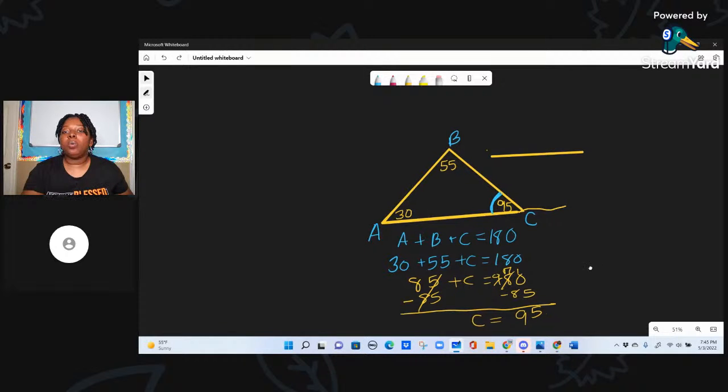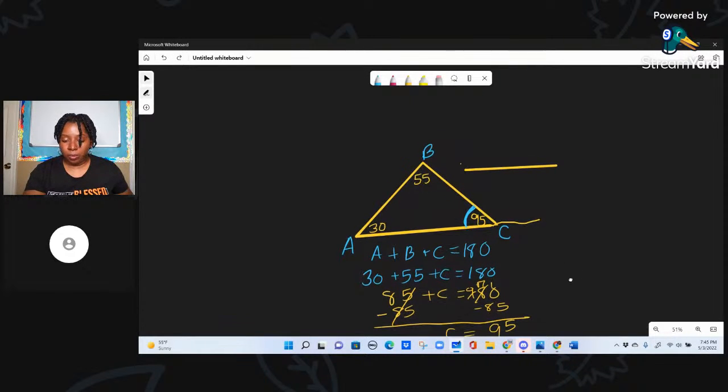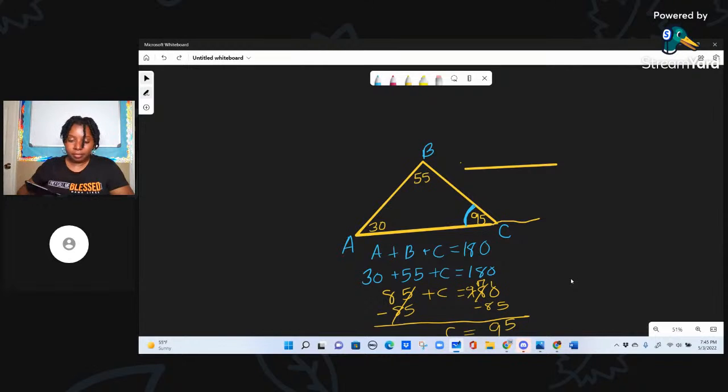Okay, so a straight line is 180 degrees. So let's write that there so you know. Hold on. Okay, straight line is 180. Because a straight line equals 180 degrees, if I have an angle like this, I split it.